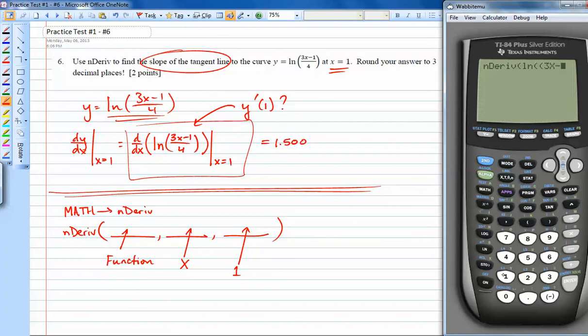Remember now, 3x minus 1 has to be in its own set of parentheses for the numerator, divided by 4. And then that closes the ln parentheses. We're evaluating this in terms of x at 1. So those are the 3 arguments that you have to use for this function here. And you can see we get the same answer. Okay.